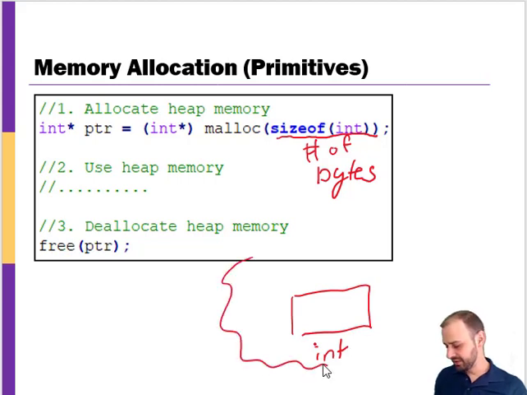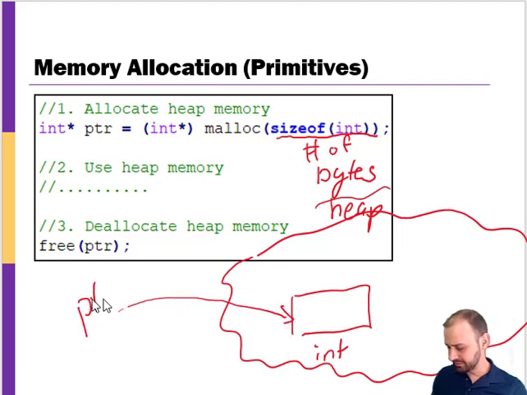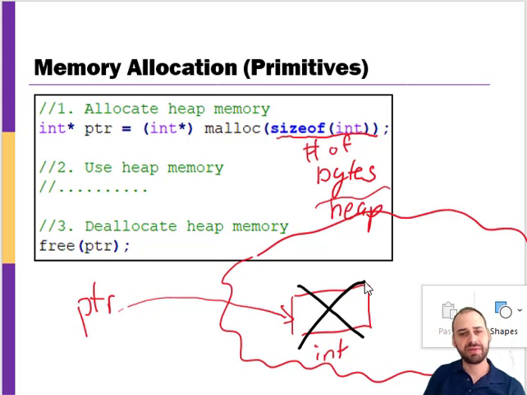So this is our heap memory here, and we're going to have a pointer that points to that address. When we're done, after we use all this, in step 3 we say, hey, we don't need this space anymore. We can deallocate that using the free function.